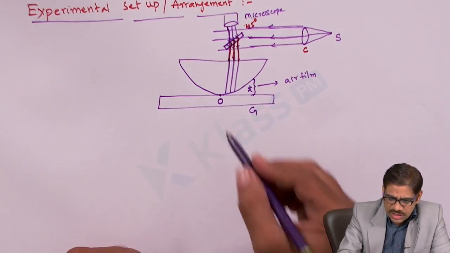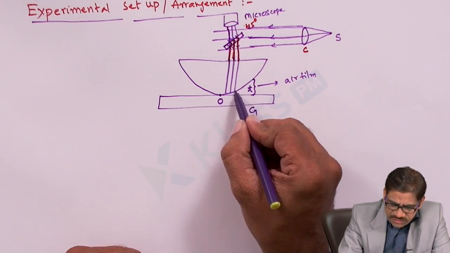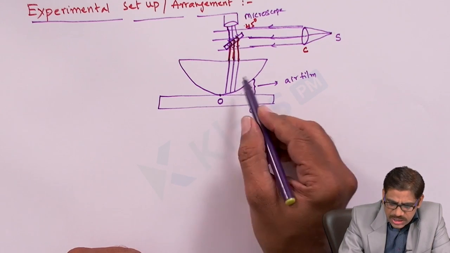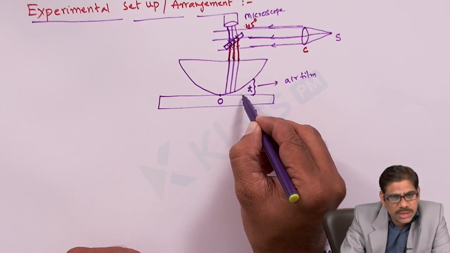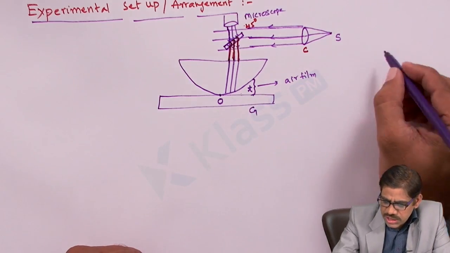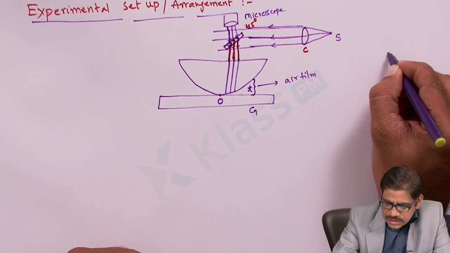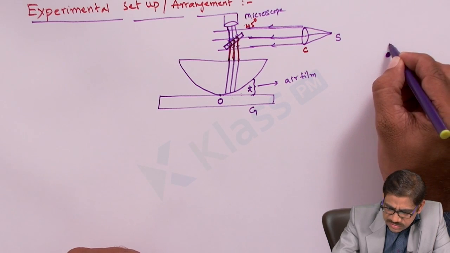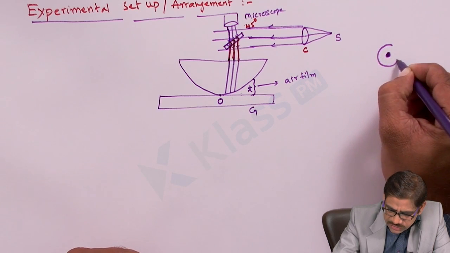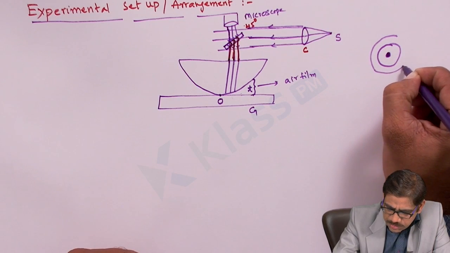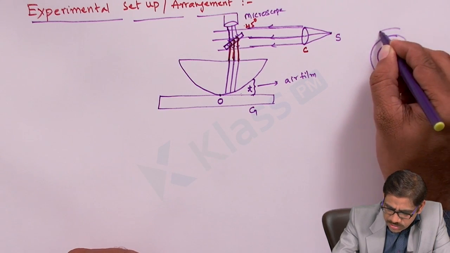So, this is the case. Once it meets the surface, an air film is formed over here, it undergoes refraction over here, they interfere with respect to the air film, and because of which a bright and dark pattern, let me draw this. This is the formation of the Newton's rings. So, these are the concentric circles around that particular point of contact.